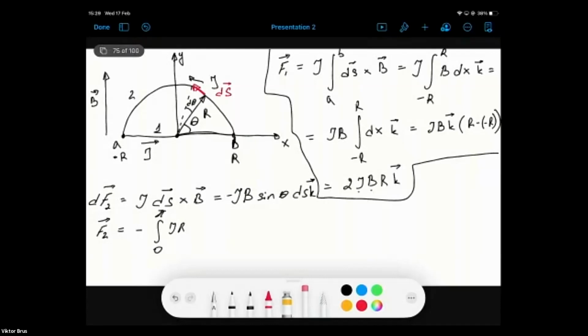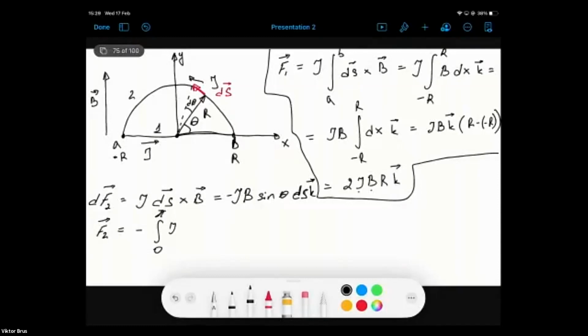Another thing which we need to define before writing the final expression. We still have ds here, and we need to express this ds in terms of radius and angle theta.